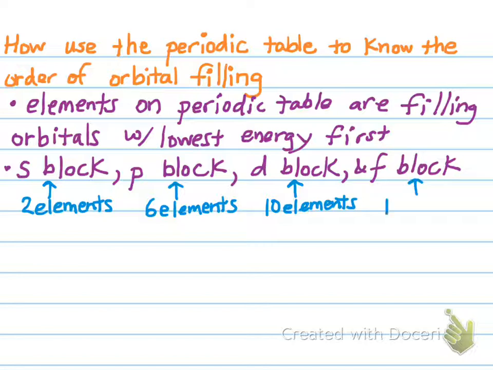And in our F block, there are 14 elements because there are 7 F orbitals each holding 2 electrons, so 14. Okay? So we've been practicing this. We do need to remember that our D block is 1 behind our period number that we're in, and our F block is 2 behind the period that we're in.